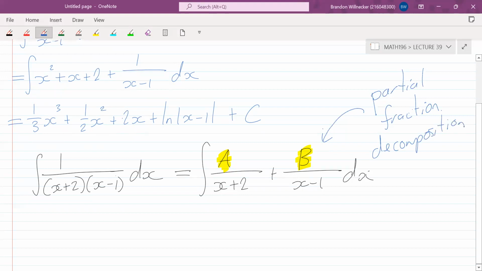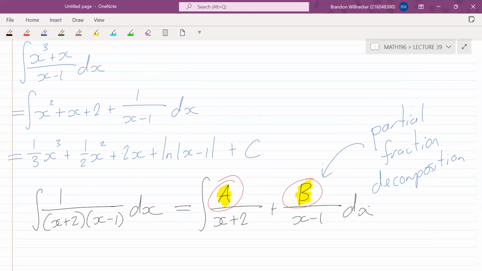On Friday, we will go through how we split up these fractions, what the rules are, and how we find a and b. Once we can find a and b, integrating is very easy. So that's the plan for Friday.